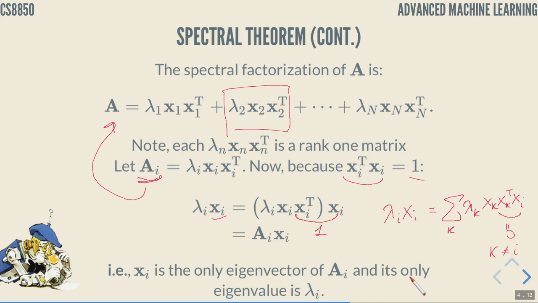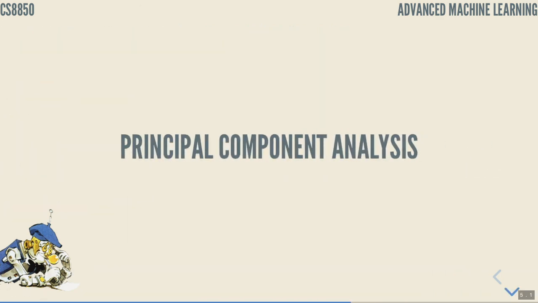Xi is the only eigenvector of AI, and its only eigenvalue is lambda I. Of course, AI is a rank 1 matrix. We cannot do anything more with it.